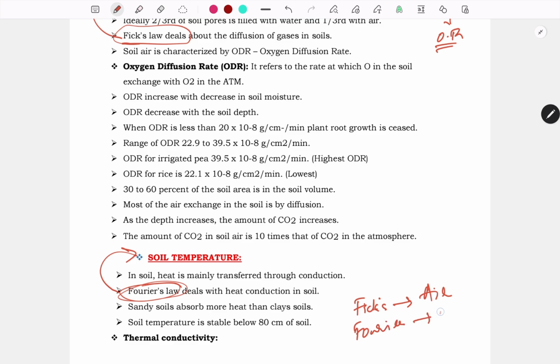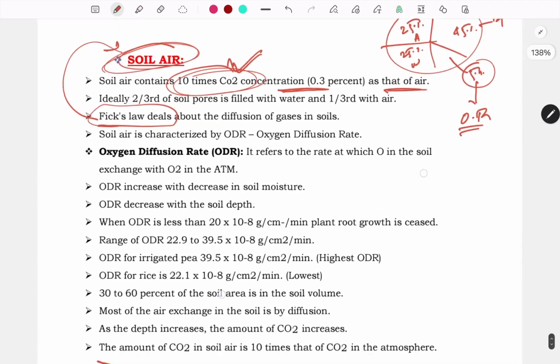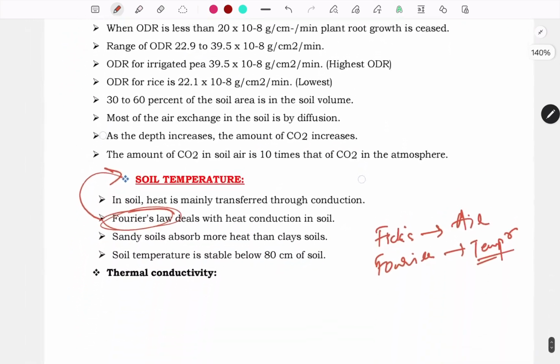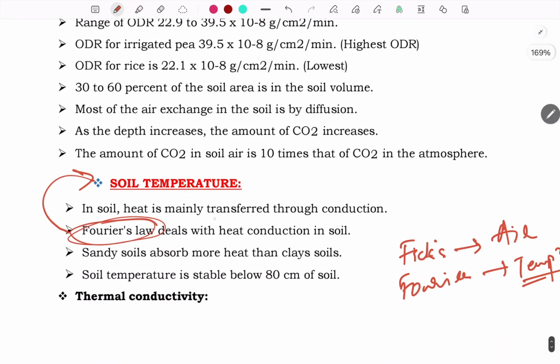Fourier's law is related to soil temperature. Soil heat is mainly transferred through conduction.